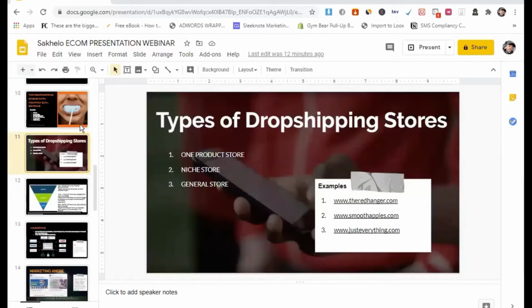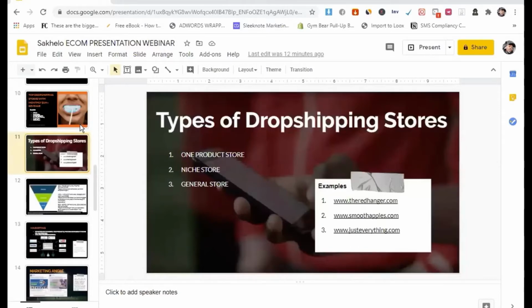In this example, I'm just going to give you a little tip that I like to use. It's very strong. It does have an impact on your store. As you can see in example one, I made an example. Let's say you were selling a red hanger, and then you would call the store theredhanger.com. You wouldn't call it, let's just say, FOMOsilky.com or something like that.